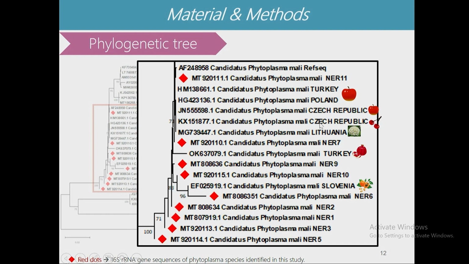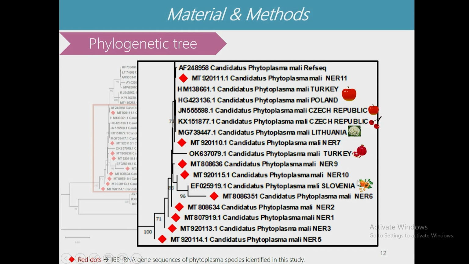And another one is Candidatus Phytoplasma mali from Czech Republic, and the host is sour cherry. And another one is from Lithuania, the host being Spiraea flowering. And then we have Candidatus Phytoplasma mali, the host is pomegranate.